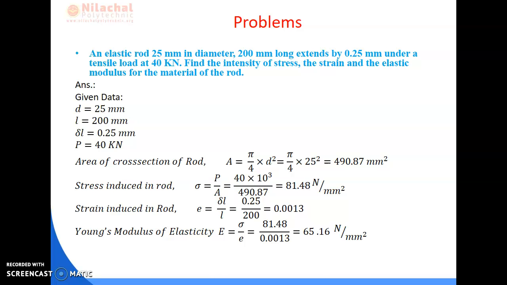A tensile load, that is P, is equal to 40 kilonewton, that is 40 into 10 to the power 3 Newton. We have to find out stress sigma, strain e and elastic modulus E.